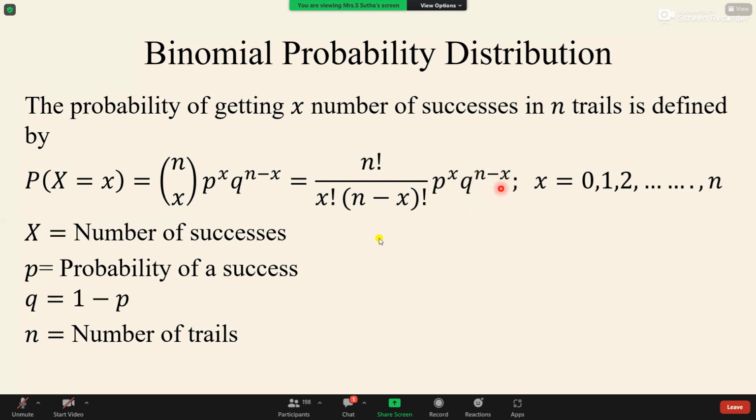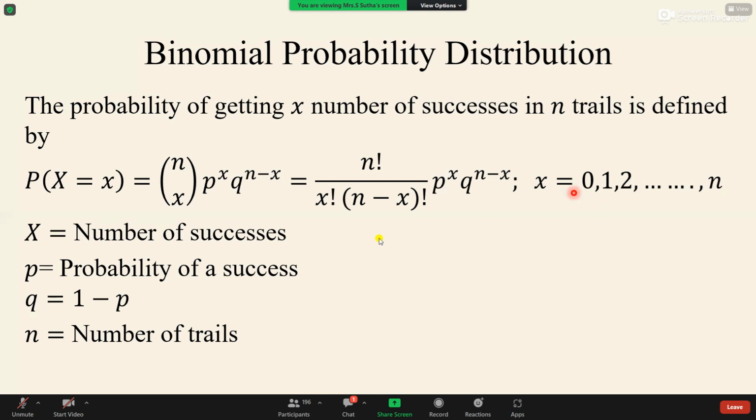Here x is the number of successes in n trials. Because we are considering n trials, x may be 0, or x may take 1, or 2, up to n. So n is the number of trials, and x denotes the number of successes, right?